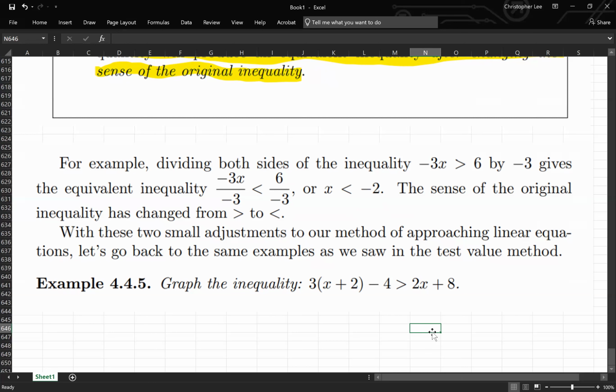But instead of x greater than -2, you're going to flip the sign, right? The sense of the original inequality has changed from greater than to less than.